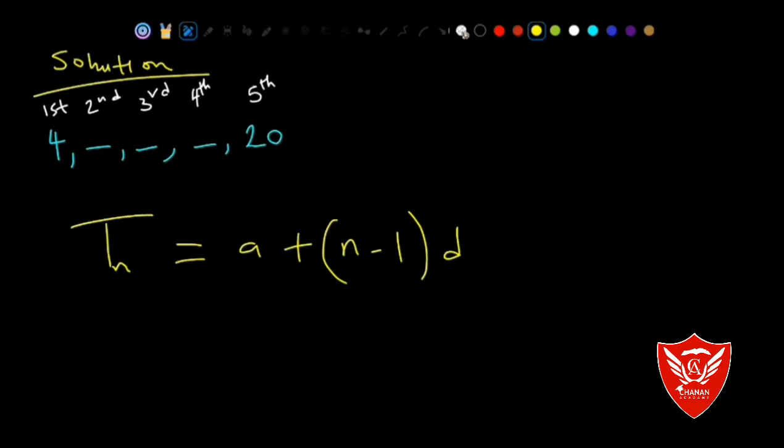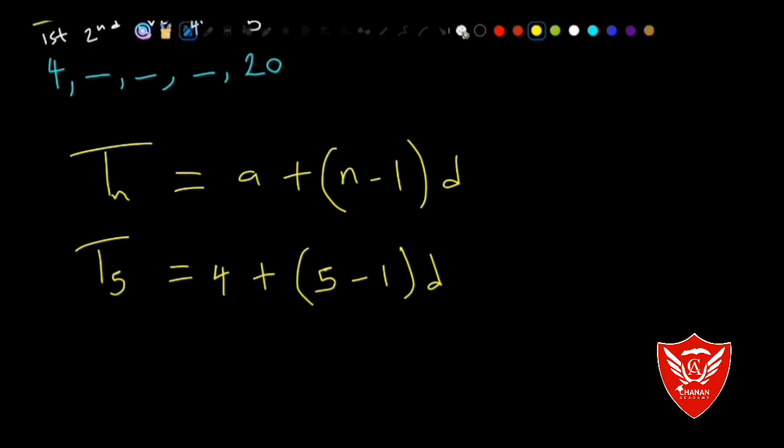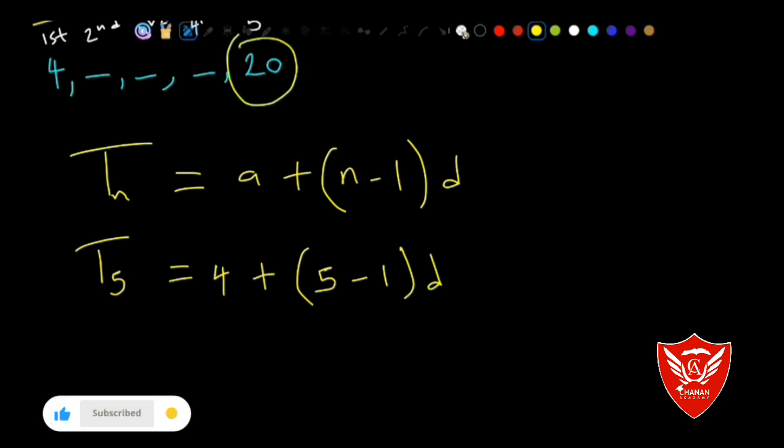Okay, so in this case, we have 5 terms. So it's going to be T5, the fifth term, equal to, first term is 4, so we have 4 plus n is 5 minus 1 d. So the T5 means the value for the fifth term. So what's the value for the fifth term? From the question, we know the value of the fifth term is 20. So we replace that with 20.